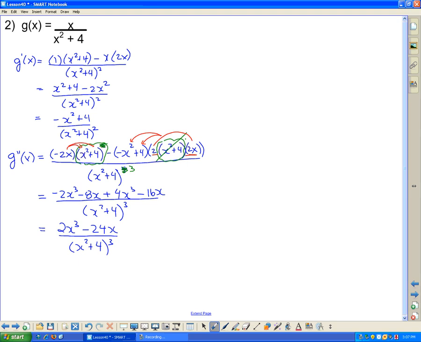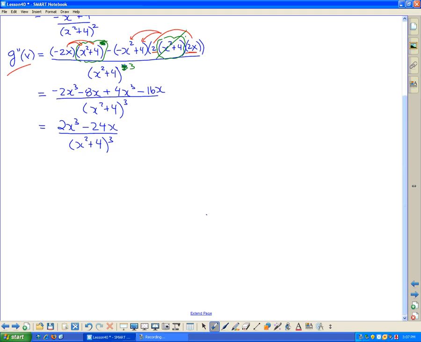All right. Like I said, you can go wherever you want, so I'm just going to highlight those so I can find them a little bit easier. What's next? Let's do x-intercept. So I'm going to let y equal 0. 0 equals x over x squared plus 4. Remember, this is basically letting the numerator equal to 0.